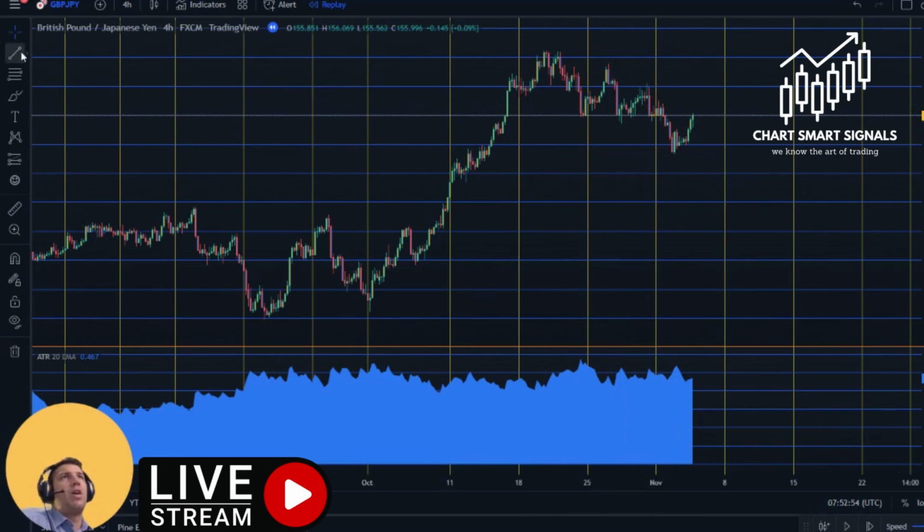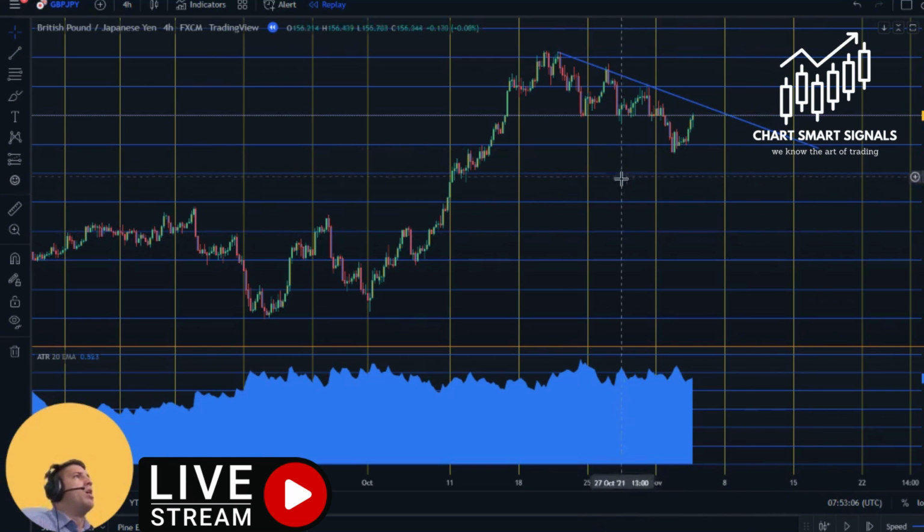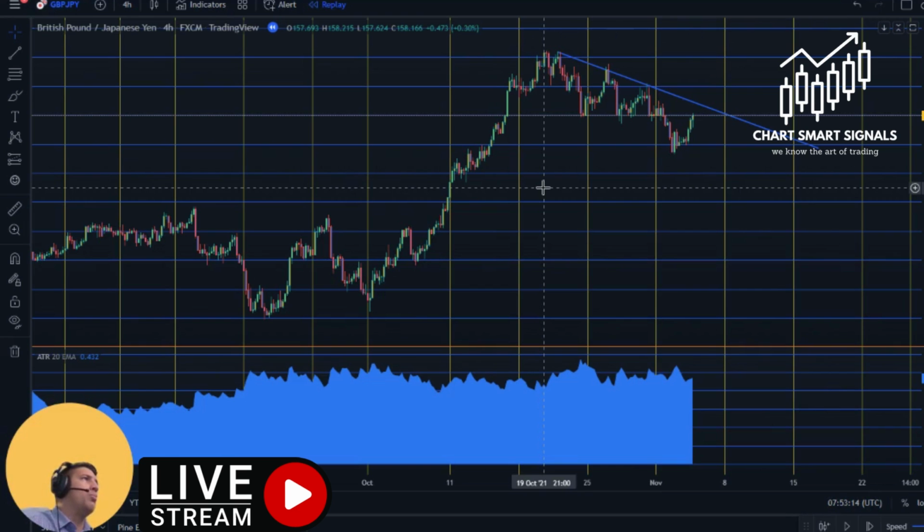So I'm going to go over here and I'm going to get my trend line drawn. All right, it's really simple. There's a couple of rules you need to apply when checking your support or resistance line.